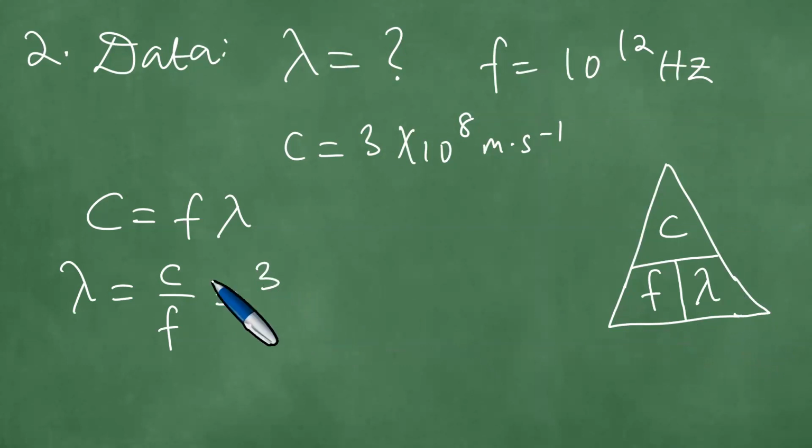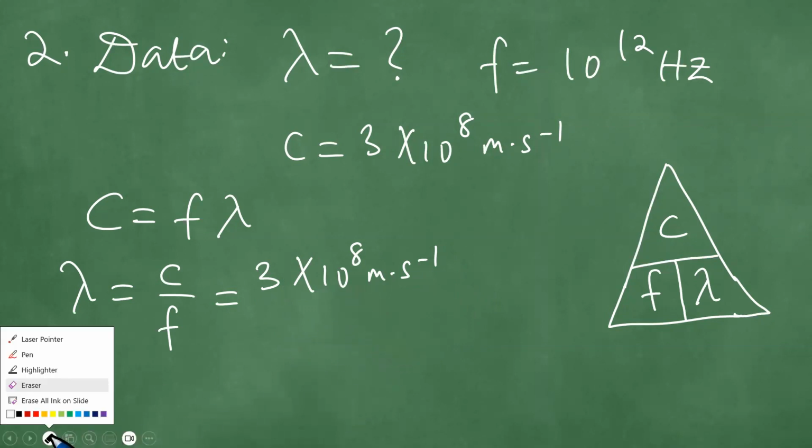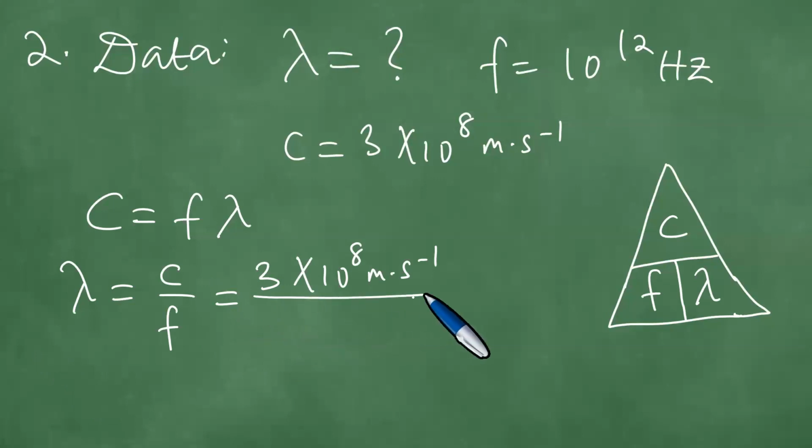Right, so C is 3 times 10 to the 8th power meters per second divided by F, which is 10 to the 12th power hertz.